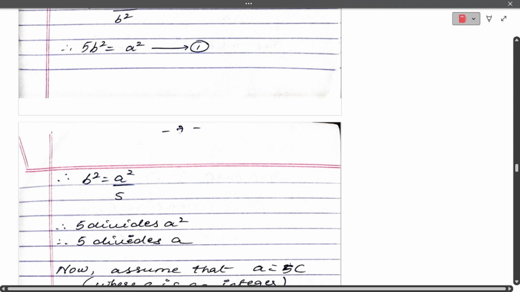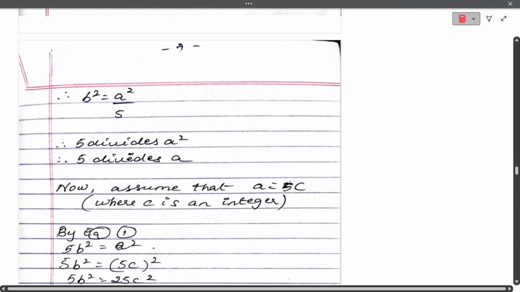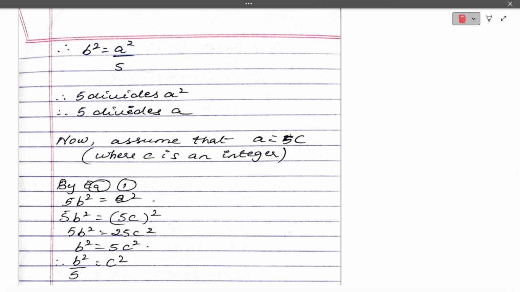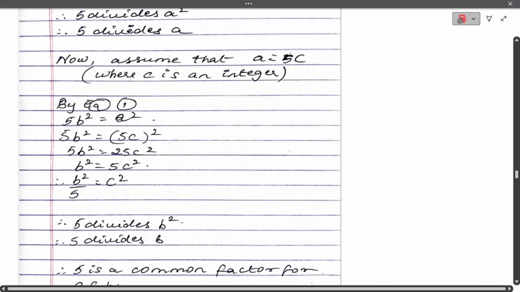So we have one theorem which states that if 5 divides a square, 5 divides a also. Now assume that a is equal to 5c. We will assume a value. So putting this 5c in the above equation, we will be getting 5b square is equal to 5c the whole square. We will be getting b square is equal to 5c square. b square divided by 5 is equal to c square. So here 5 divides b square, 5 divides b.